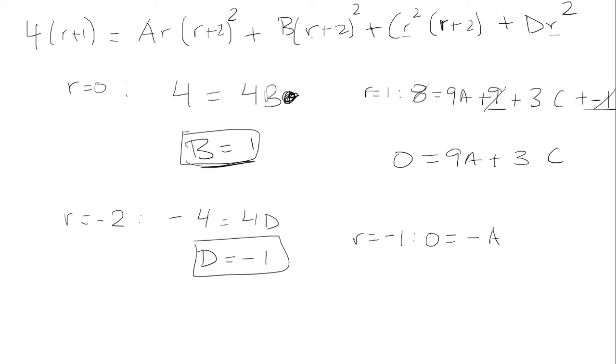Then B: -1 plus 2 squared is 1, plus B, and B is also 1. So that's 1. r squared is 1 and r plus 2 is also 1, so that's just going to give me C. And then D is -1, and r squared is 1, so that's -1. Notice the 1 and -1 are going to cancel. So I have 0 equals -A plus C.